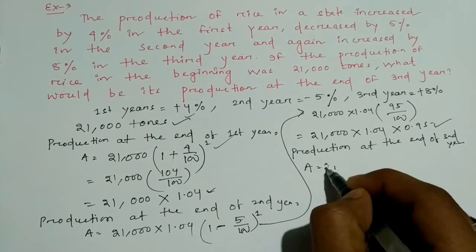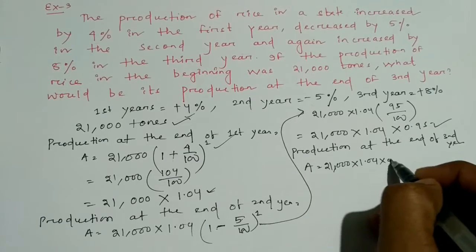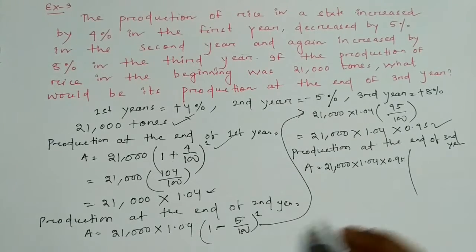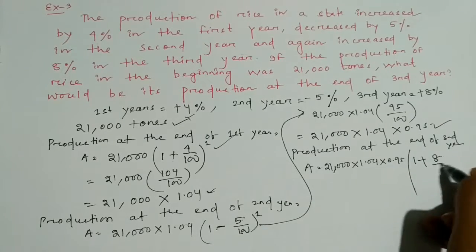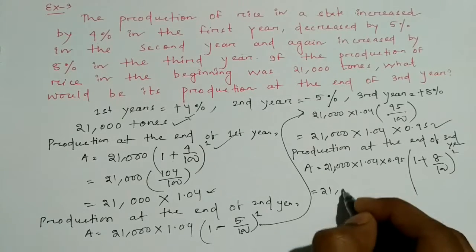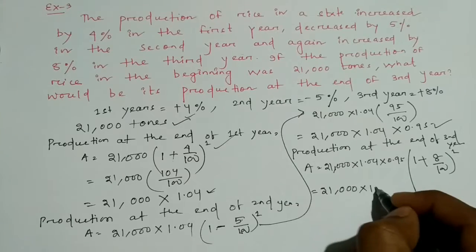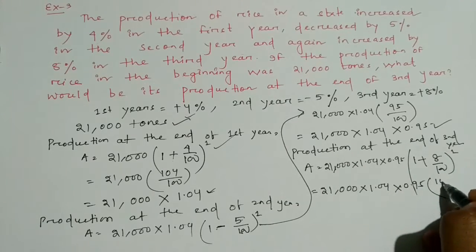So A is equal to P, that is 21,000 into 1.04 into 0.95, into (1 plus 8 by 100) to the power T, and T is nothing but 1. So it will be 21,000 into 1.04 into 0.95, and solving this we get what?